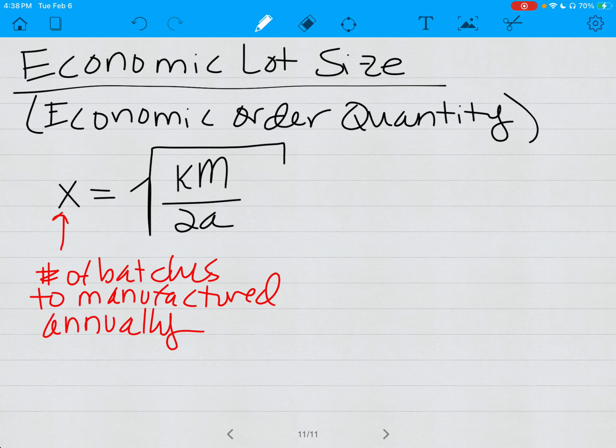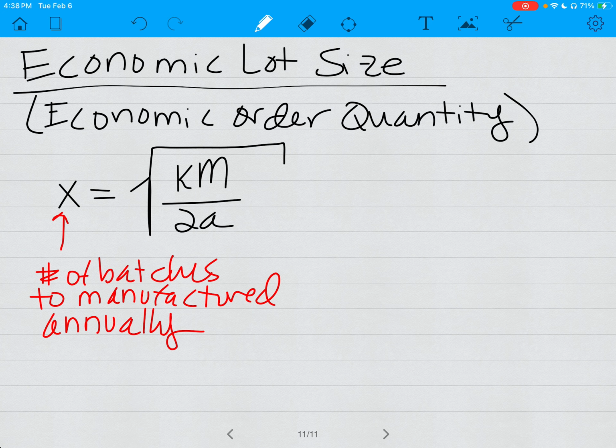Because again, making only one batch a year minimizes setup cost, but maximizes storage cost. So we want to make smaller batches throughout the year, but we want to know how many smaller batches we should make to minimize total production and storage cost. So that's actually what the x here is, and that's what we're going to be solving for.